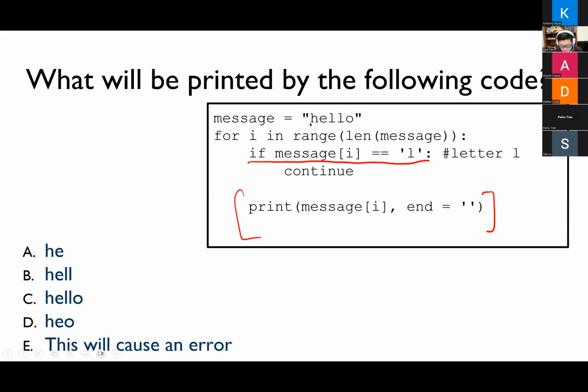You're going to print out H, print out E, and all of a sudden you see L. When you see L, you skip the print, and then you see O. So the correct answer is D. Okay. So the impact of continue and break are totally different. Do not confuse those two. Right. Are there any questions about break and continue?